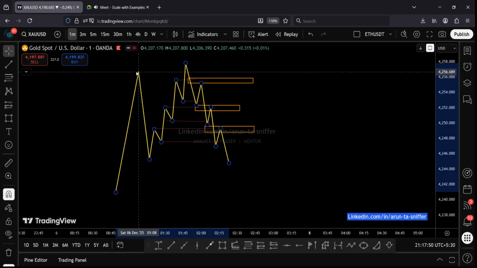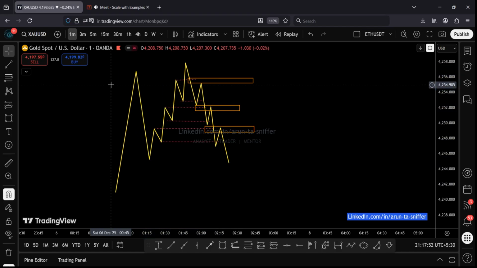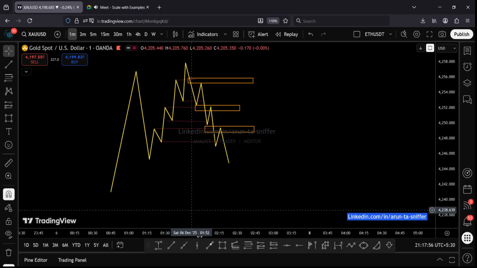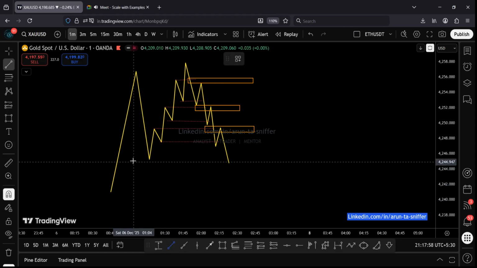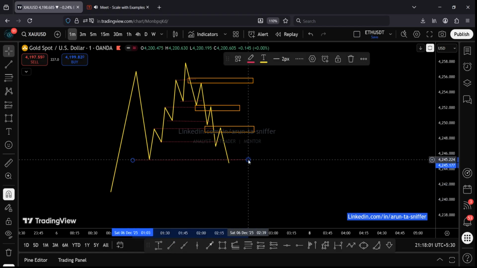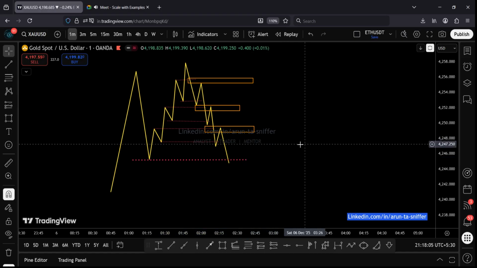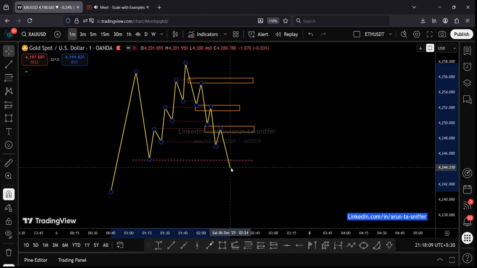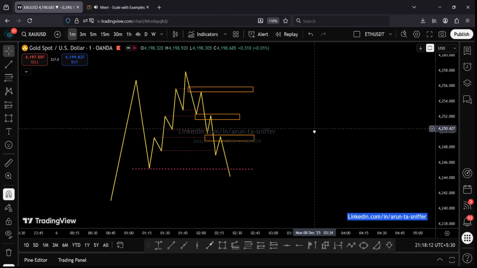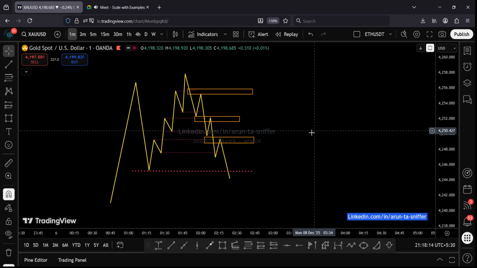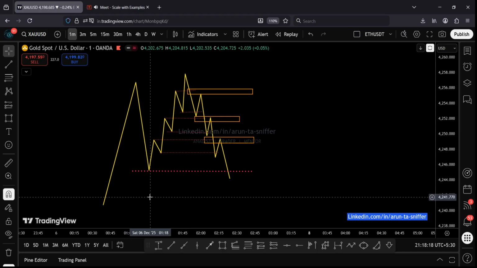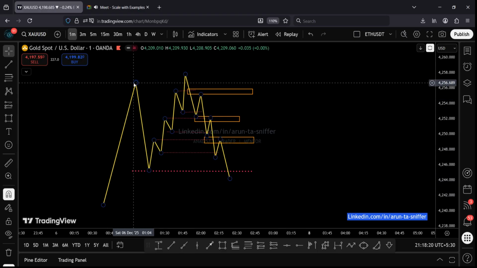Think like price was like, okay. So when the price engulfs this low, what will happen? Let's make it more thick. When the price engulfs this low, what will happen? The scale will change, and what will price do? Price will reach this LSK.